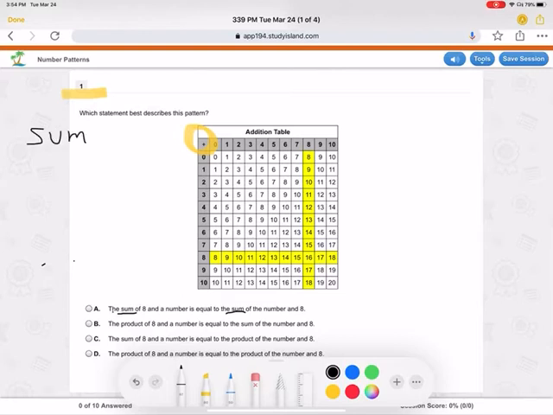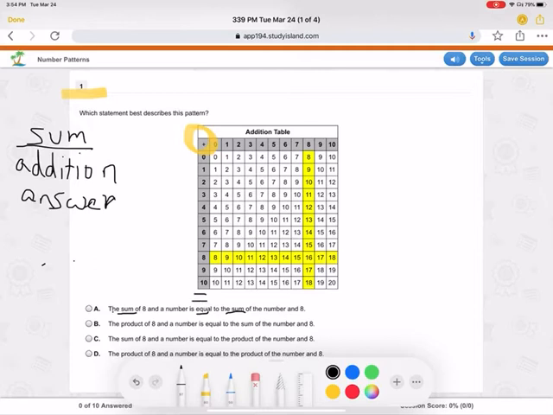Well, I'm hoping you remember sum is always for addition. It's the addition answer. Okay? Now, the other one is equal. And we know equal means literally that.